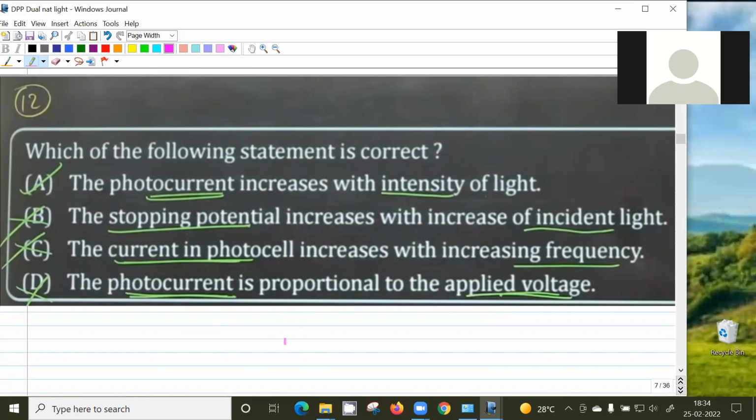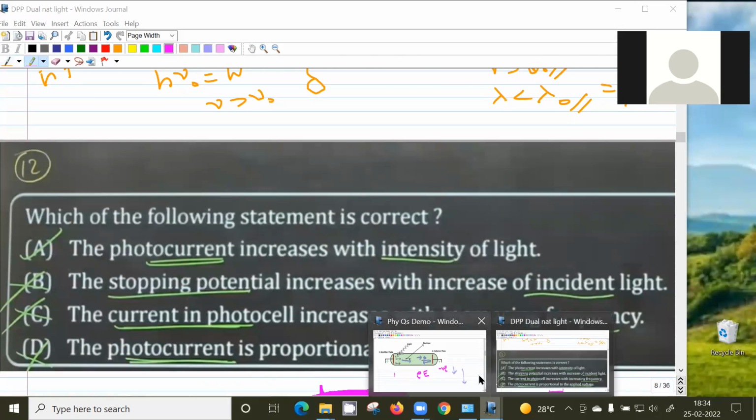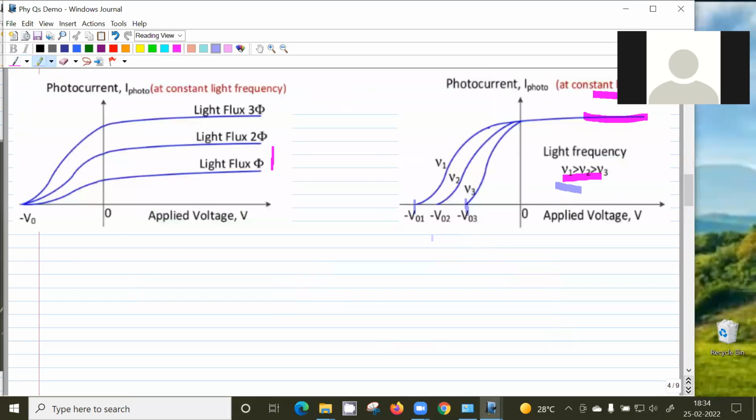No. Photocurrent means the saturation value. The saturation value is independent of the frequency, but it depends on the intensity of light.